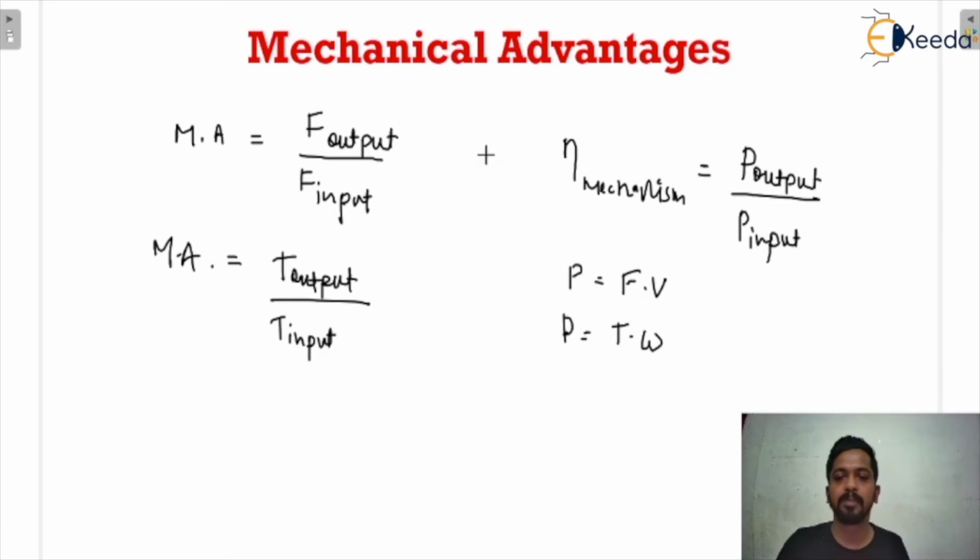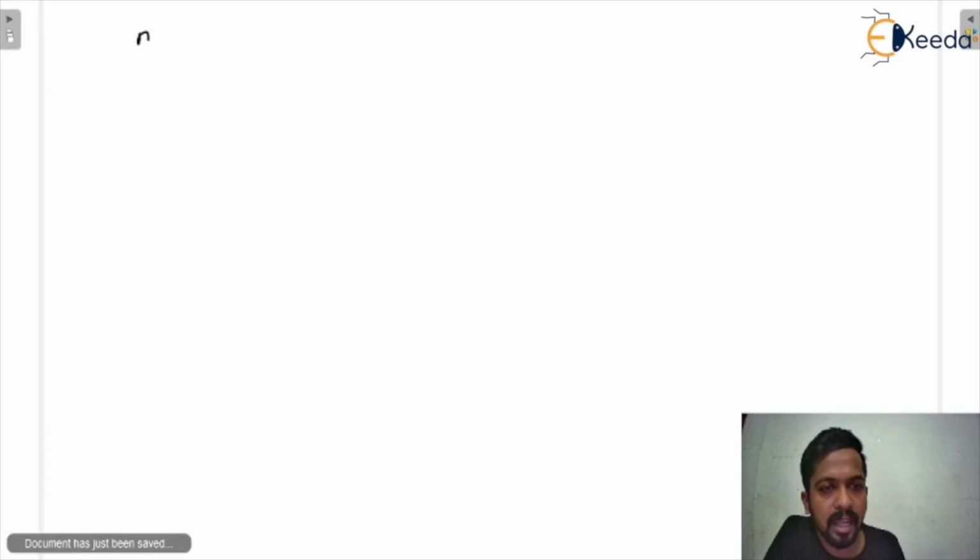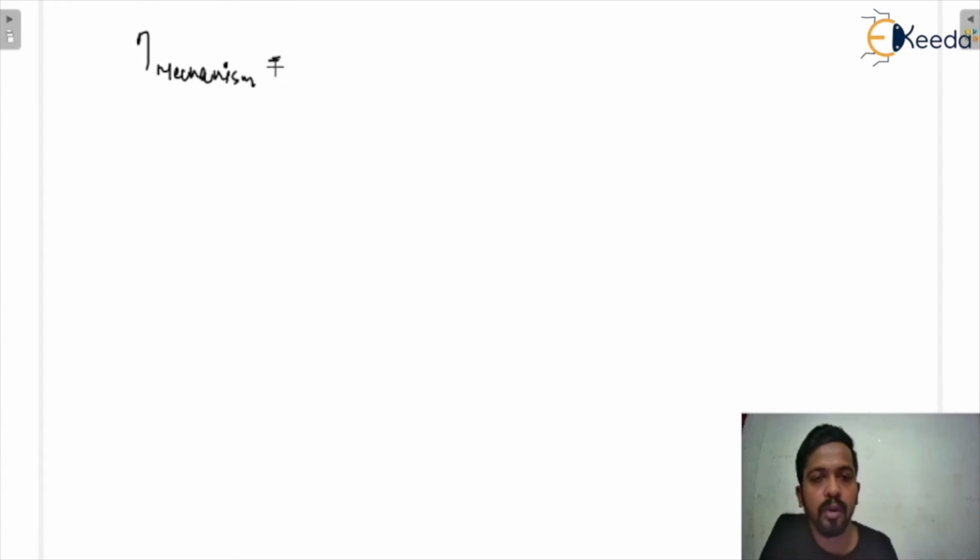So now we are going to expand the mechanism efficiency. We all know that efficiency of mechanism is equal to power at output upon power at input.